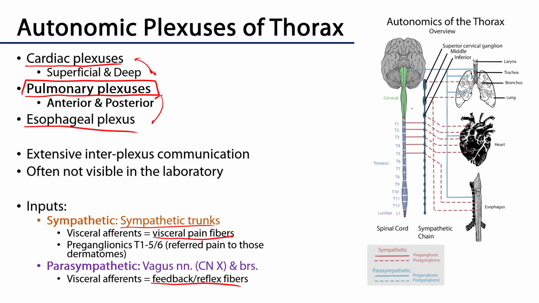Recall that within an autonomic division, whether it's sympathetic or parasympathetic, there will be preganglionic and postganglionic fibers. The preganglionics for both the cervical and thoracic branches that are going to supply the thoracic viscera are going to come overwhelmingly from white rami communicantes from T1 through T5, and sometimes T6.